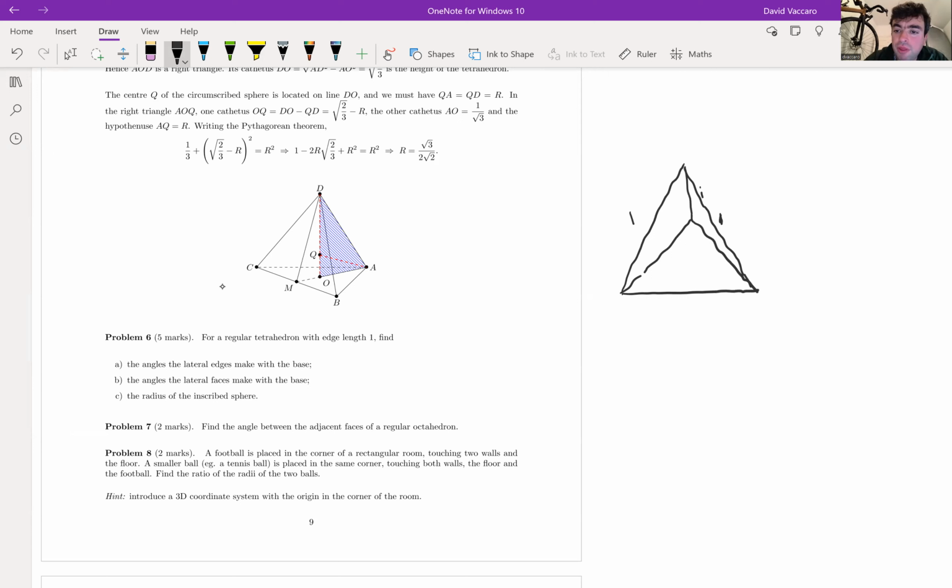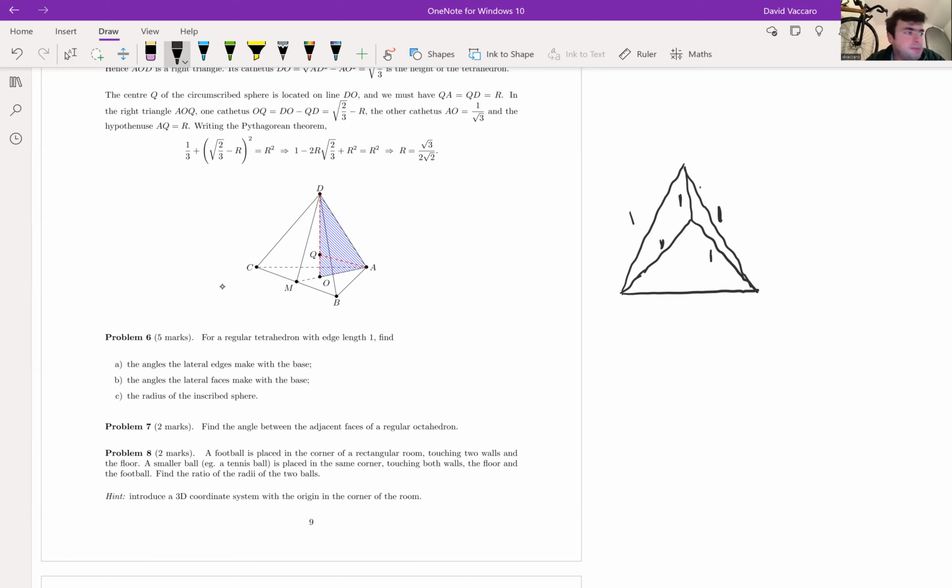Okay, so everything is of length 1. And I've drawn that very badly. Maybe I should have drawn it with a ruler. But all these edges are of length 1, and I'm here looking down on it.